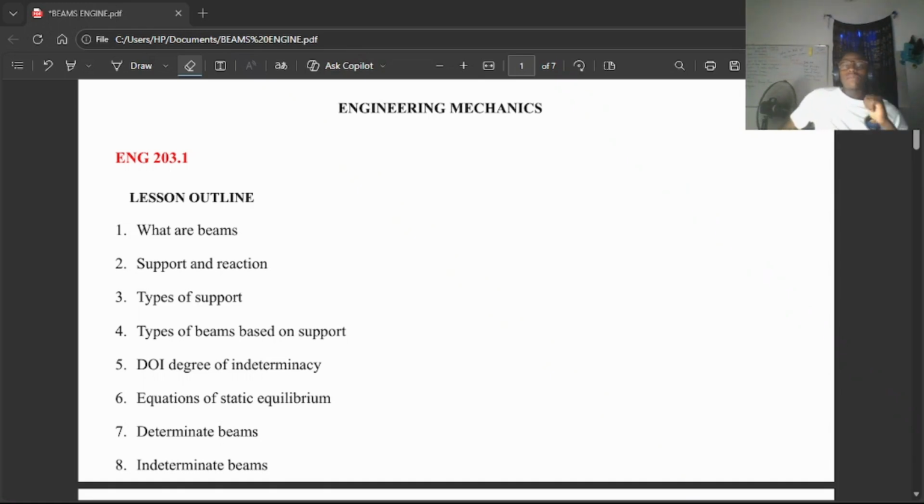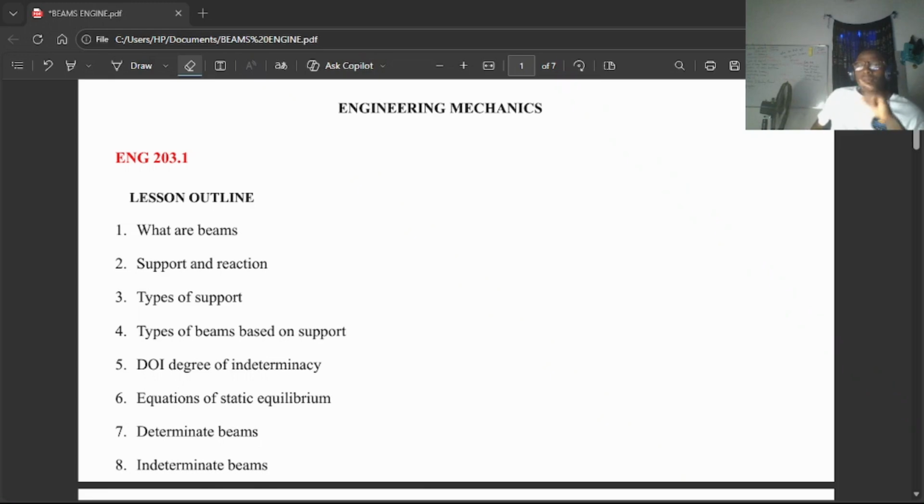Somebody will ask me, what is the degree of indeterminacy of a beam? Let me just run through it. Degree of indeterminacy is telling you what those external forces you are seeing acting on your support are.